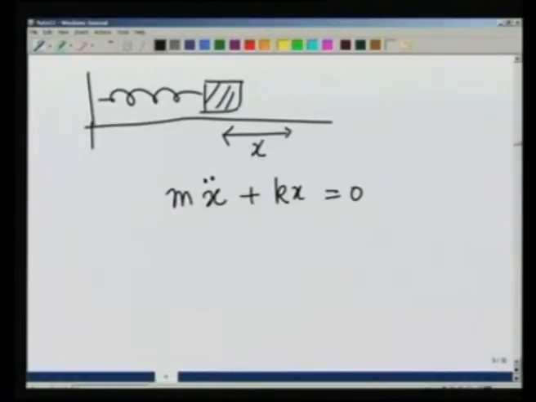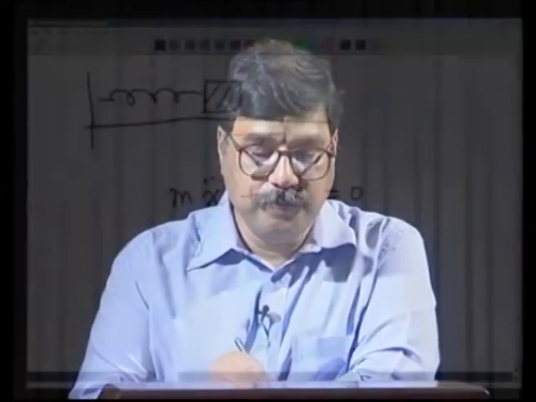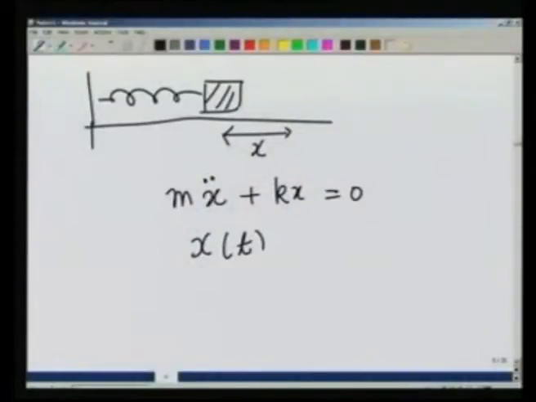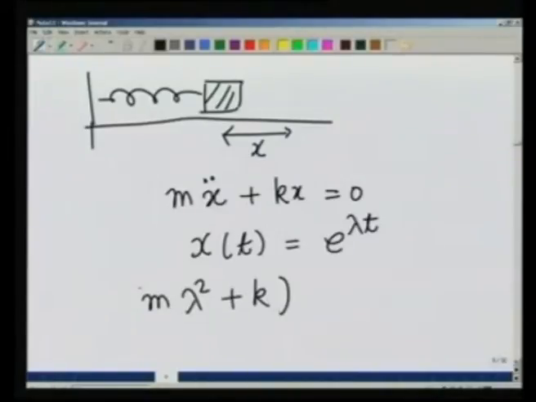And we have seen in the past that to solve such an equation, we assume the solution of x to be of the form e raised to lambda t, substitute it in the equation, then we get m lambda square plus k times e raised to lambda t is equal to 0, which is true for all the times.